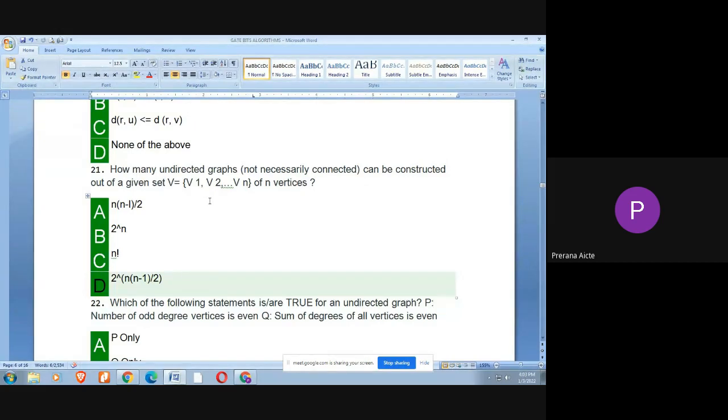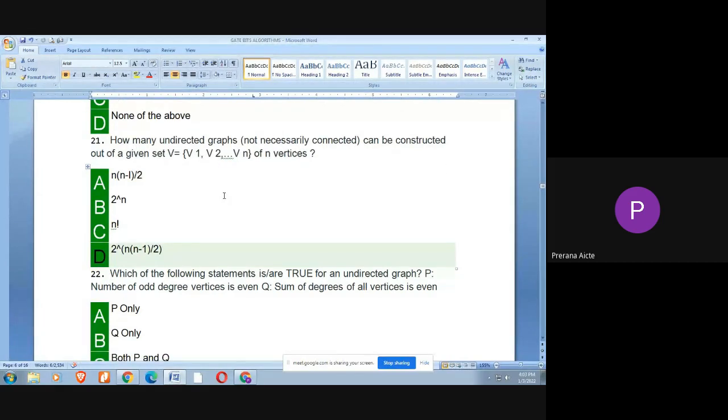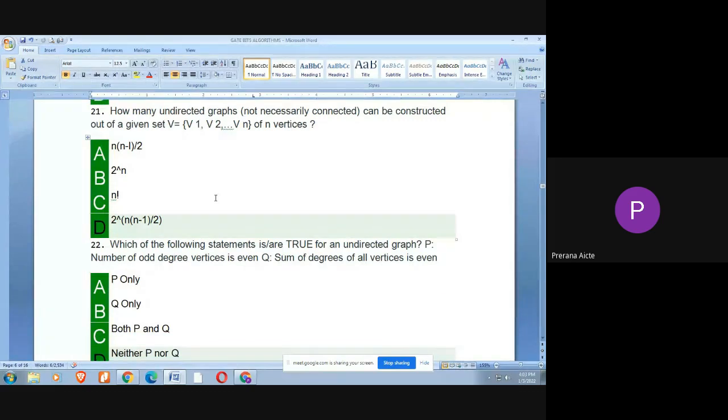So the number of graphs that can be formed with n vertices is 2 power n(n-1)/2. So it is option B.